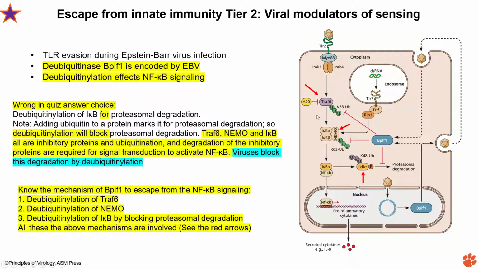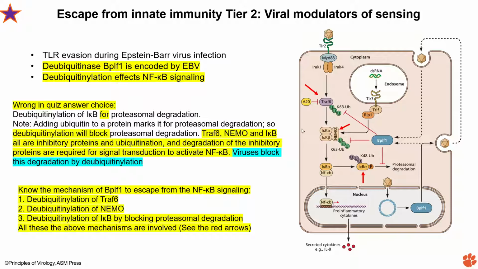And the way this works is that, see that the TRAF6, NEMO, I kappa B, they are all added with these ubiquitins. See that? So what they are, TRAF6, NEMO, I kappa B, these are all inhibitory proteins for the signaling cascade.